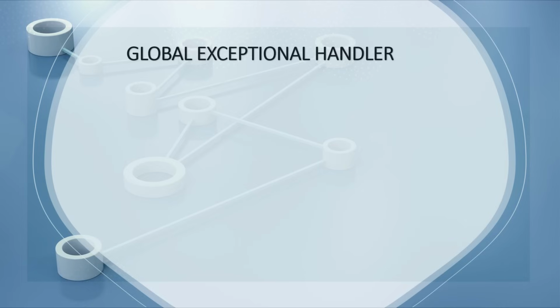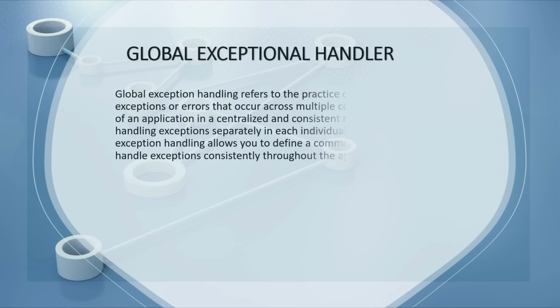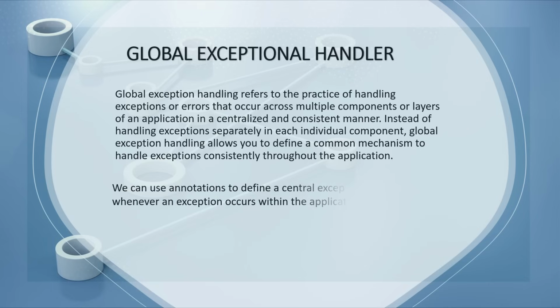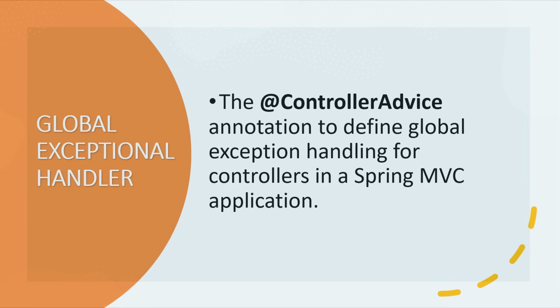For this, we can use annotations to define a central exception handler that will be invoked whenever an exception occurs within the application. We will also use ControllerAdvice to define global exception handling for our controllers in Spring MVC applications.